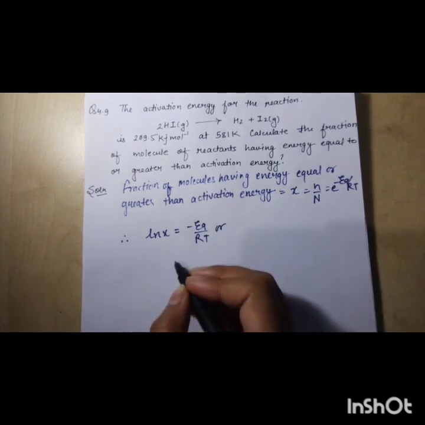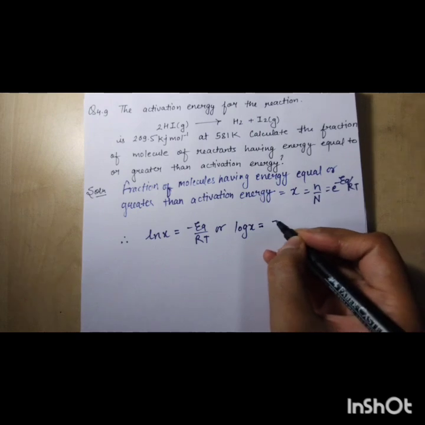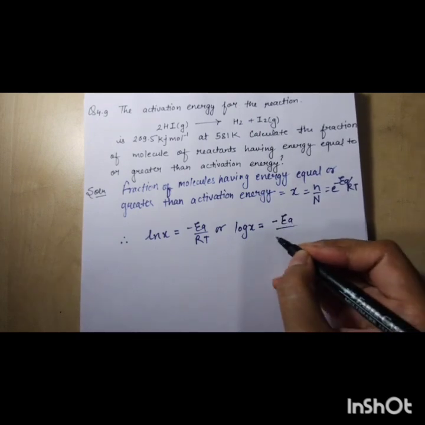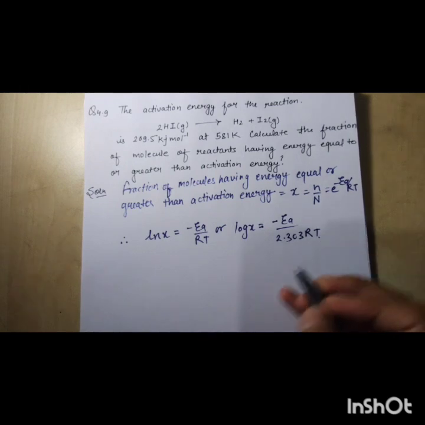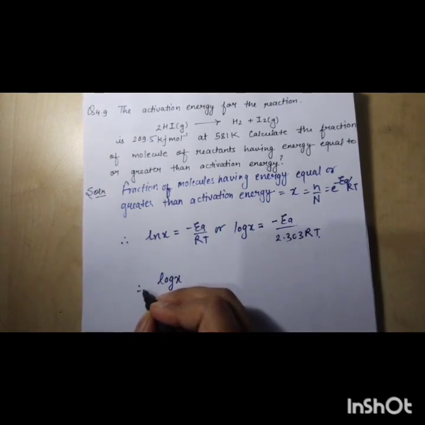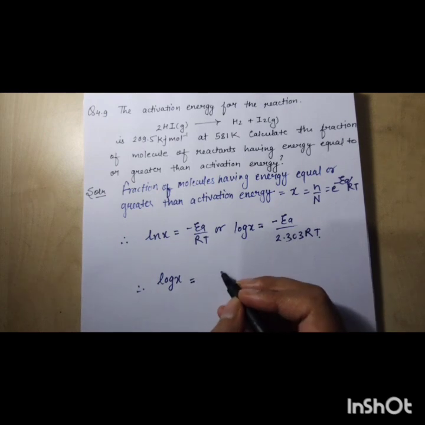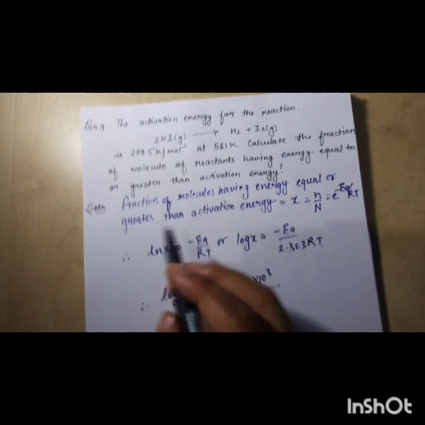or log x is equal to minus EA by 2.303 RT. So log x is equal to 209.5 into 10 to the power 3, as it is given in kilojoule per mole.